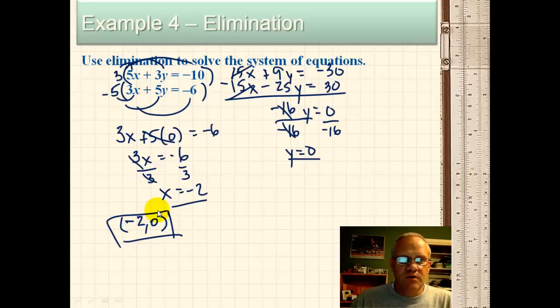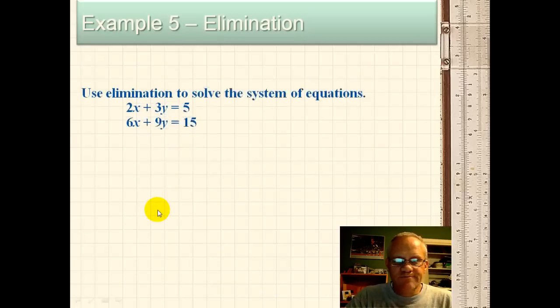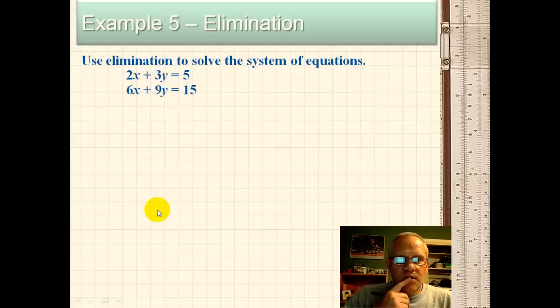Okay? One more, and then we'll be done. All right, take a look at this one. What do you think you want to do there? You want to try to get rid of the x's maybe? And if you do, you go, well, what could I multiply 2 by to get 6? 3.